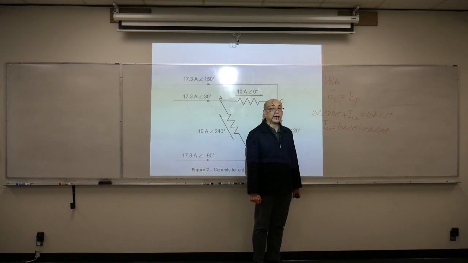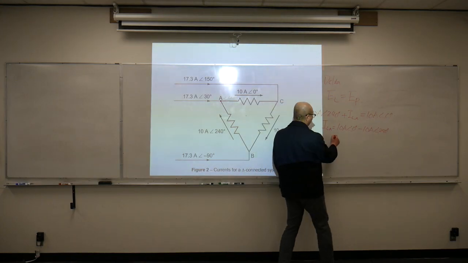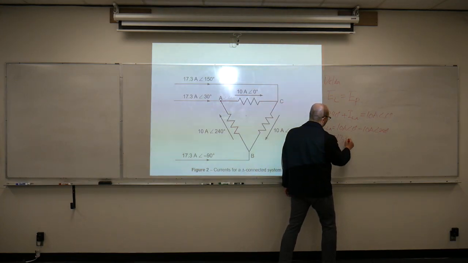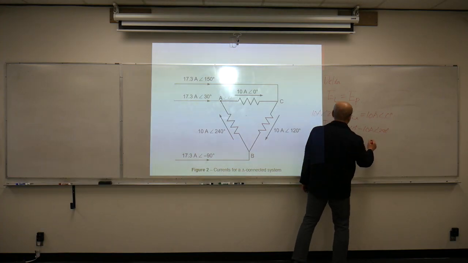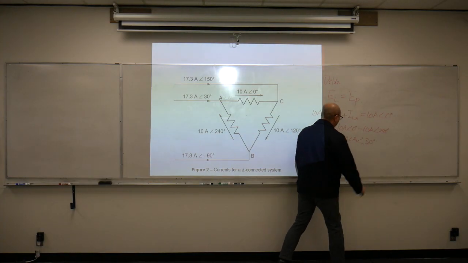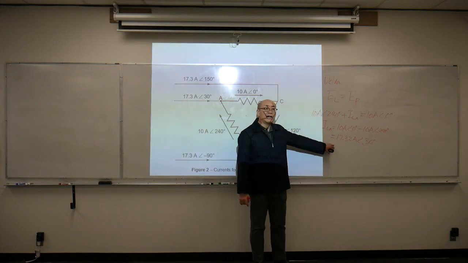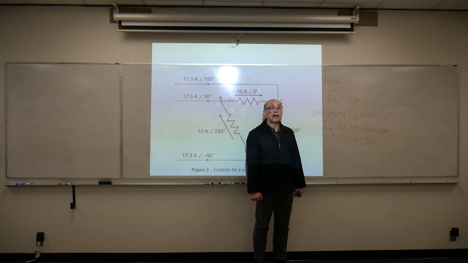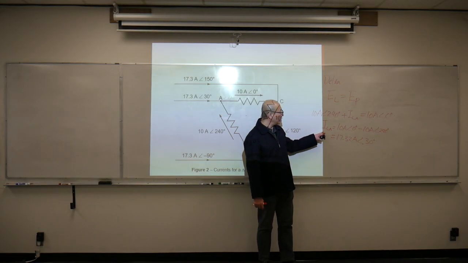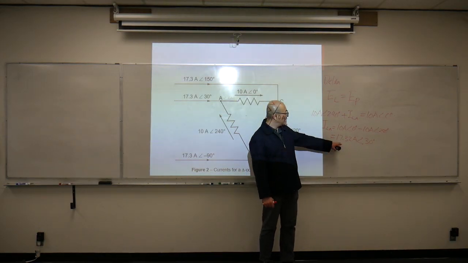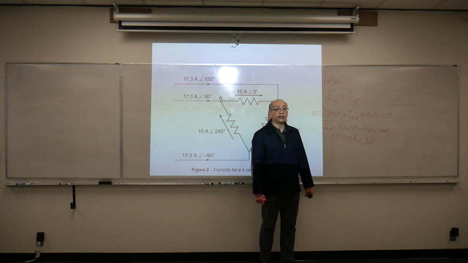You should be able to do it. It will give us a value of 17.32 amps at 30 degree. So our line current is higher than the phase current.